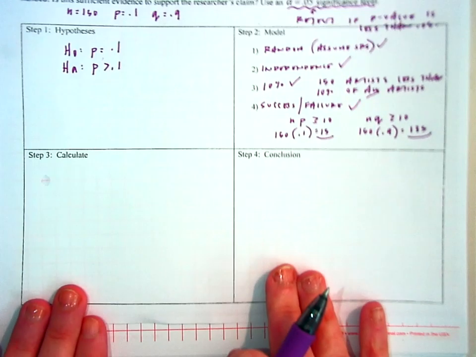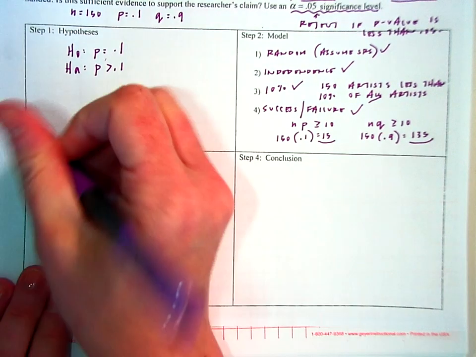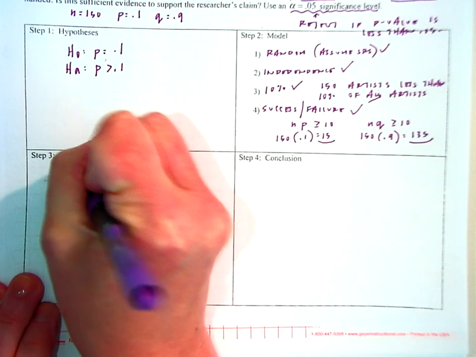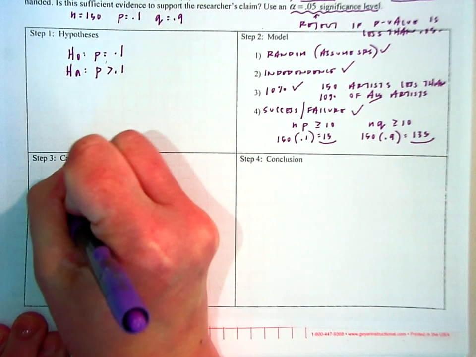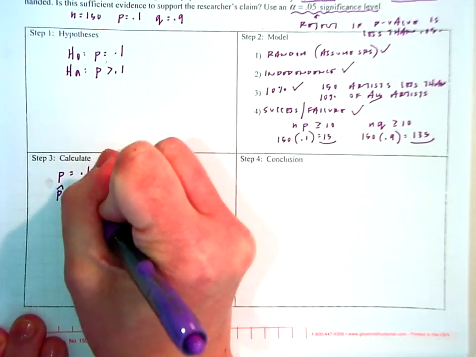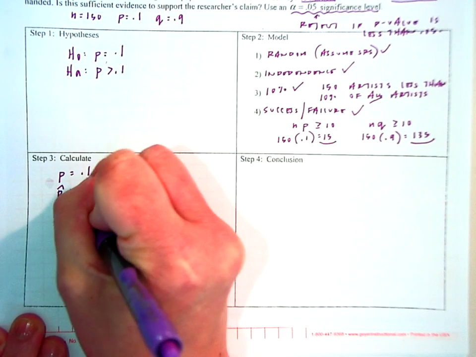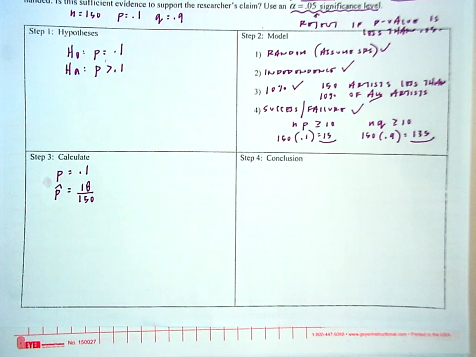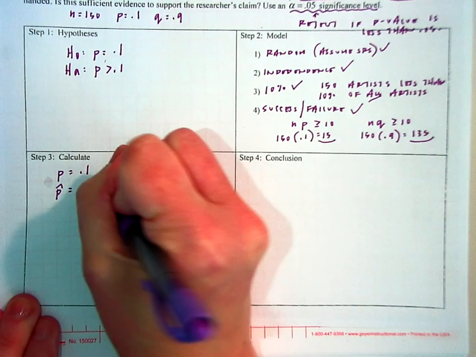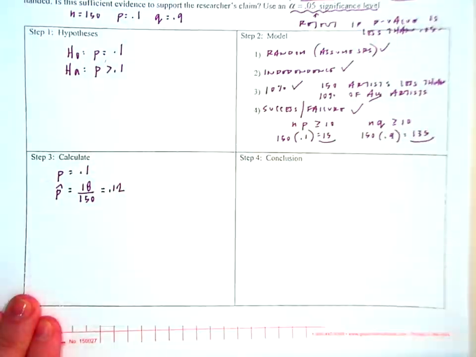Calculate. So calculate, right? We're saying, okay, p is 0.1. That's the 10% of adults who are left-handed. That's our parameter. Our p-hat, we're saying, okay, in this artist community, 18 out of 150 sampled that are left-handed, so that's going to get us a statistic of 0.12.